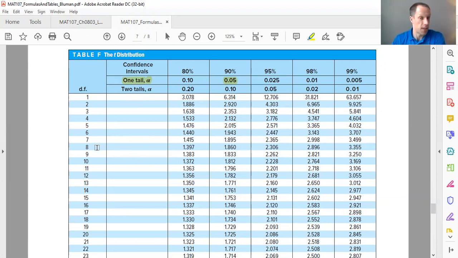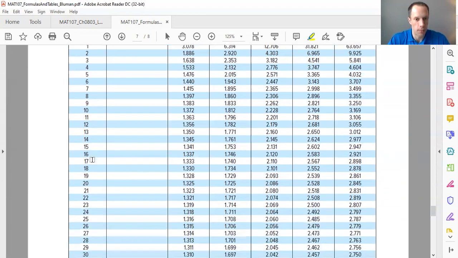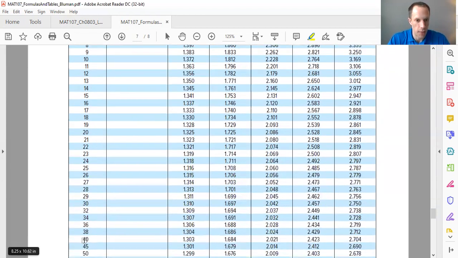Now, for other kinds of analysis, the degrees of freedom might not be n-1. It might be something different. But for confidence intervals and hypothesis testing, it's n-1. Our sample size was 41, so the degrees of freedom is 40. So we go down and eventually we find 40. And you might remember it was the second column where alpha was 0.05 in a one-tail test.